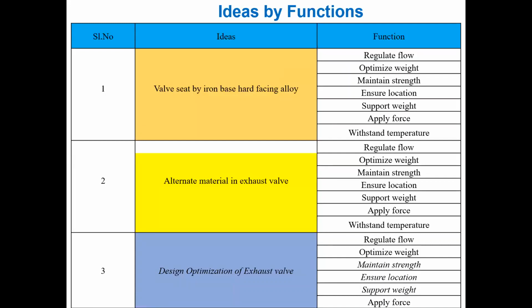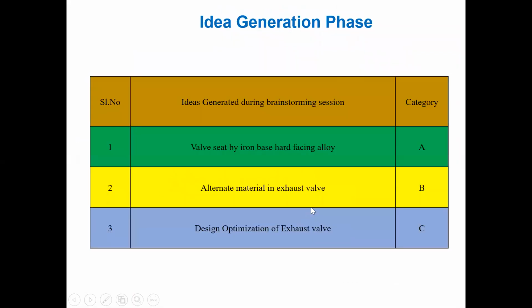That is nothing but the functions inspiring the change, or the change in viewpoints of the company employees. Again, we need to follow this for the other individual functions. We need to get more ideas. Since it's a small case study, I have given only simple examples with three ideas.